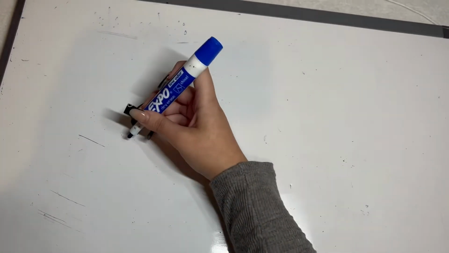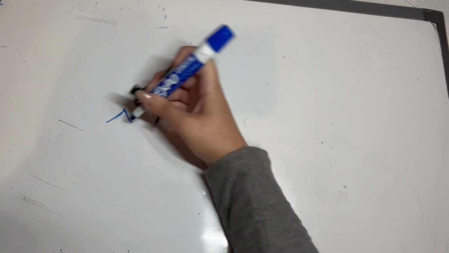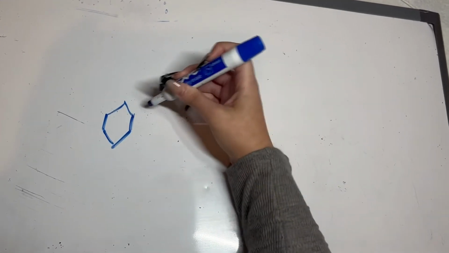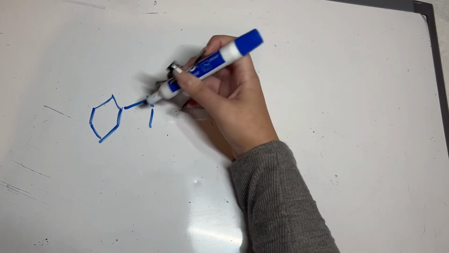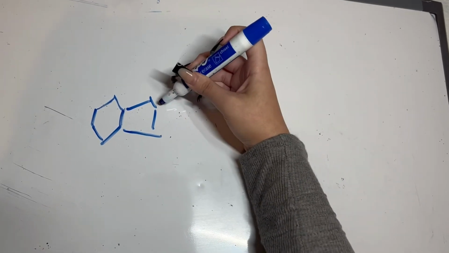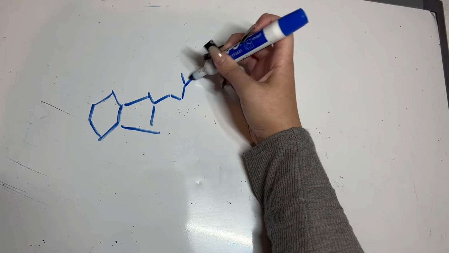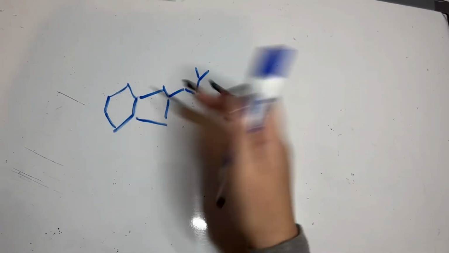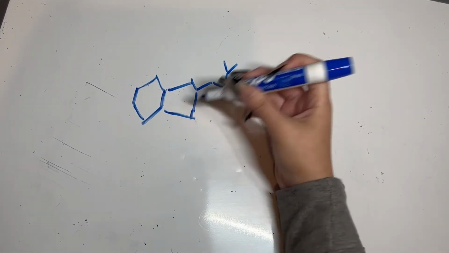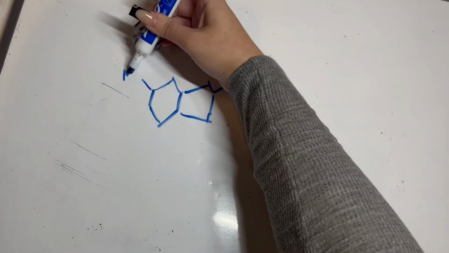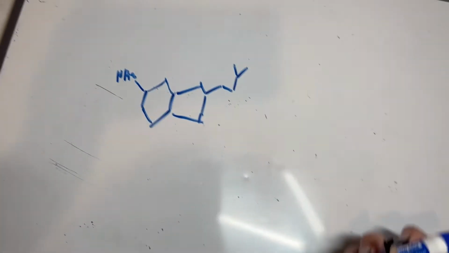Now I'm going to do polarity and solubility predictions. So I'm going to write out my molecule real quick. All right, so now I'm gonna just put NH2 over here for now.